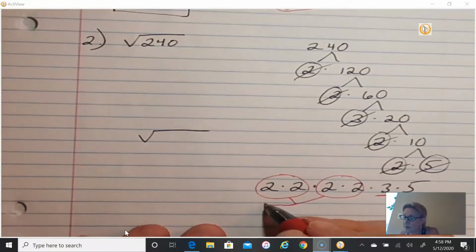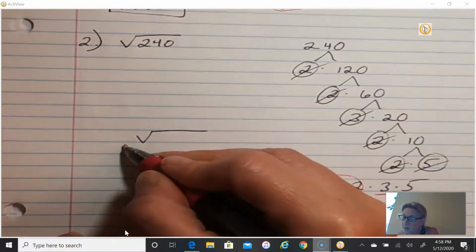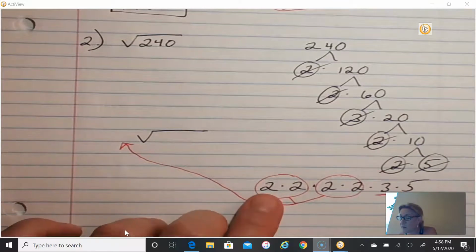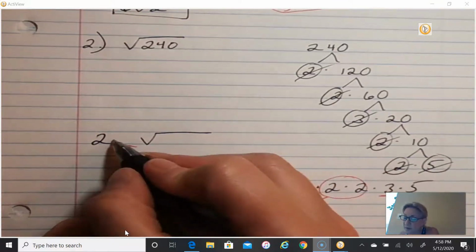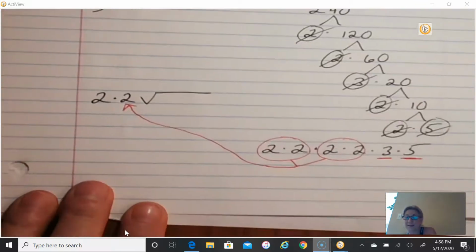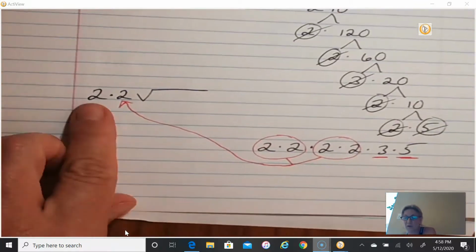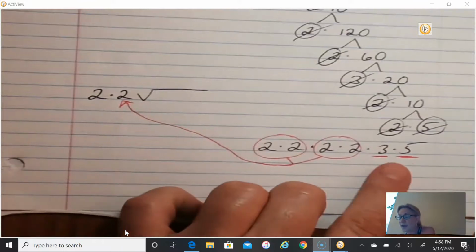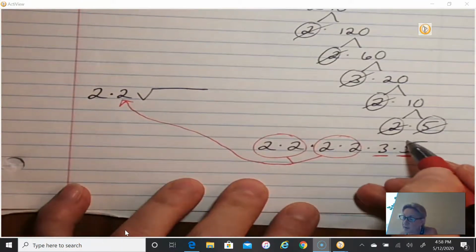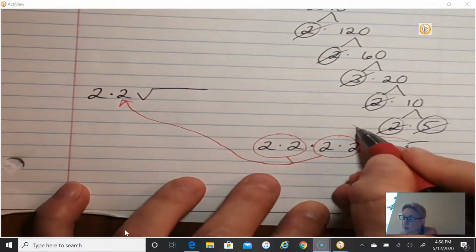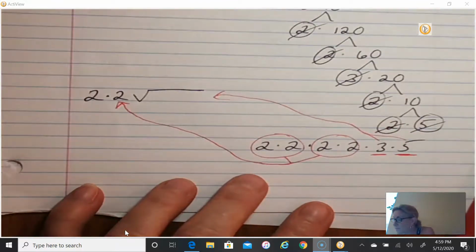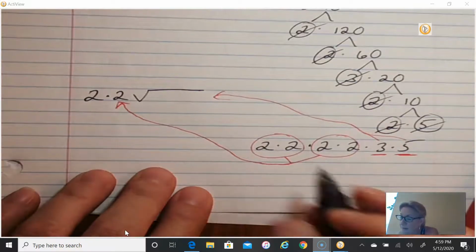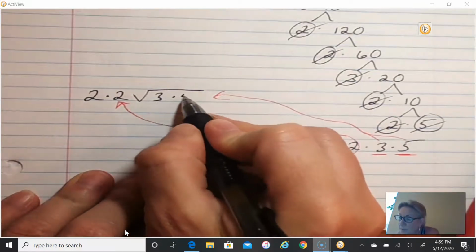Both of these pairs are going on the outside. One 2 from that group and one 2 from that group. And you are multiplying. That isn't 22. That is 2 times 2. Your leftovers, you have a 3 and a 5. They go on the inside. 3 times 5.